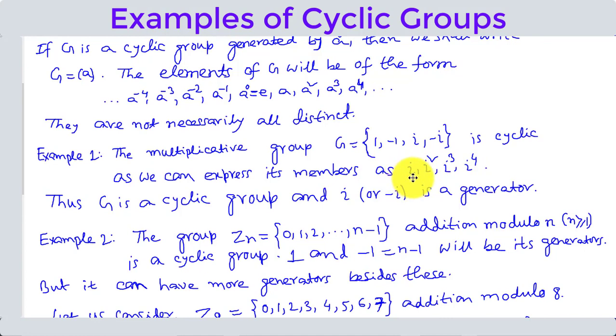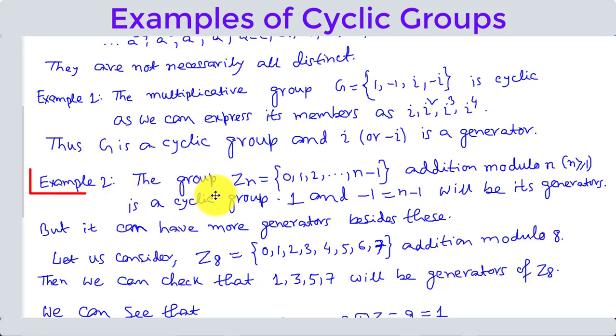That is, i square is equal to minus 1, i cube is equal to minus i, i to the power 4 is equal to 1. Thus, G is a cyclic group and i and minus i are generators of the group G.